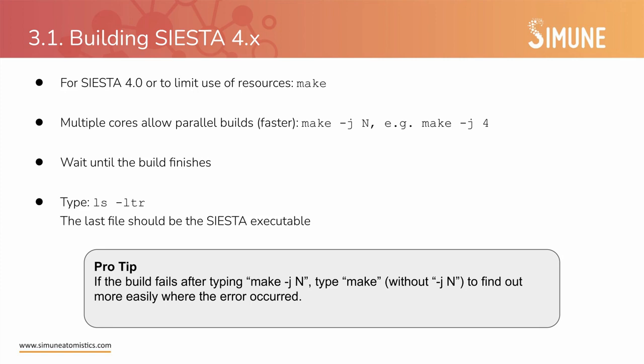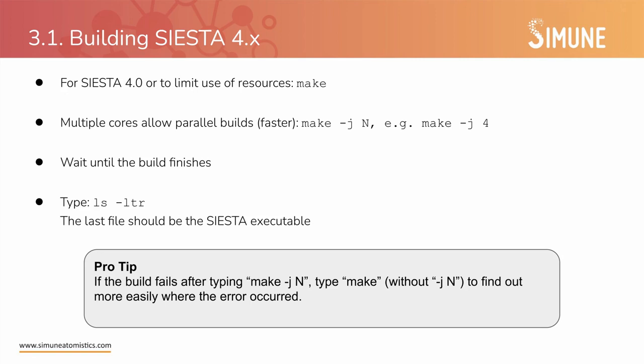Then if you have a machine with multiple cores or if you are building on an HPC cluster, the recommended way is to use make -j. So make -j4, for example, will use 4 processes at once to build SIESTA when possible. So this is only valid for SIESTA 4.1 or later versions. With SIESTA 4.0 you can expect a few issues.